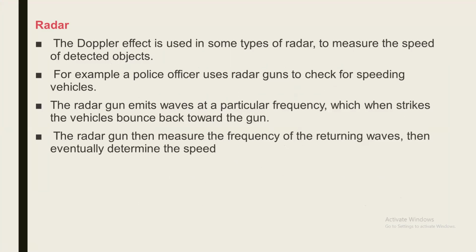The Doppler effect is used in some types of radar to measure the speed of detected objects. For example, a police officer uses radar guns to check for speeding vehicles. The radar gun emits a wave at a particular frequency, which when it strikes the vehicle bounces back towards the gun.